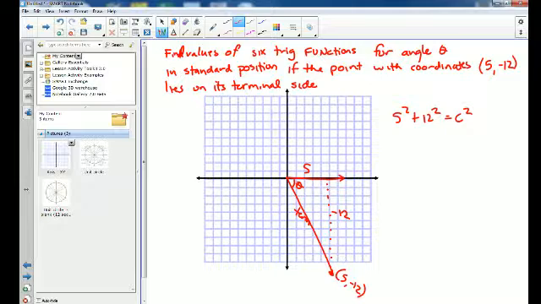It's a position indicator. 25 plus 144 is 169. Oh, look at that, special right triangle, 5, 12, 13. You think I would plan that? 3, 4, 5 is a special right triangle. 5, 12, 13 is another one. So what is cosine theta?